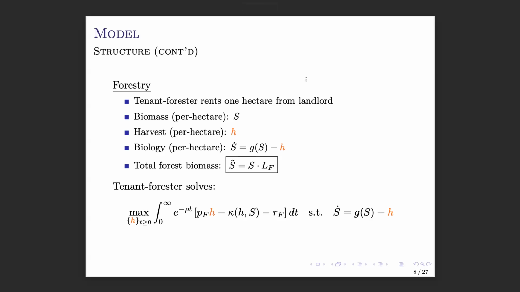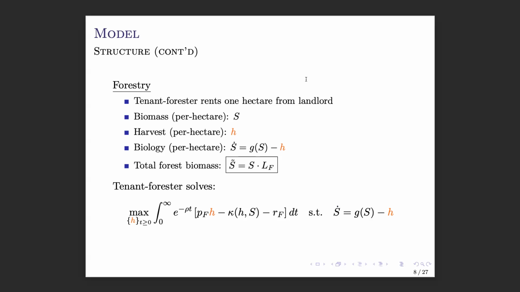And then the tenant forester is going to solve this dynamic programming problem of choosing the harvest level for the hectare of land that they're on to maximize the present discounted value of their profits, which is the difference between the price that they're able to sell this harvest for in the market, which gets to the question we were just looking at, less some costs of harvesting and less the rent that they have to pay to the landowner.